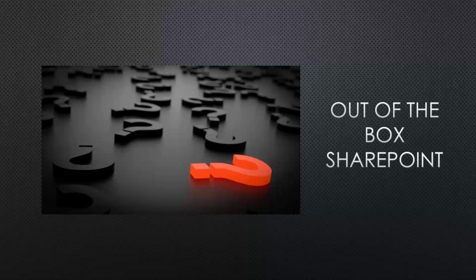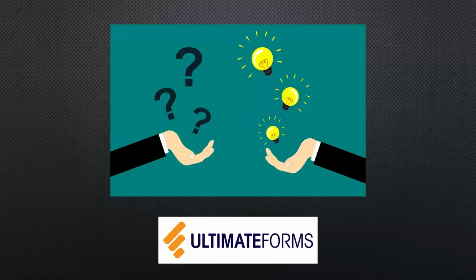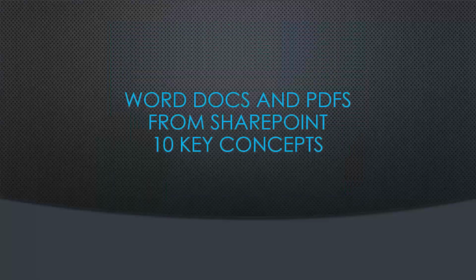There's a lot of potential in the platform, but you need additional tools to accomplish the things that you want, especially in the scenario we're talking about today, when it comes to being able to print out Word documents and PDFs. So Ultimate Forms is really about addressing those needs and giving you a complete platform by adding these tools to SharePoint to allow you to accomplish everything that you want to do.